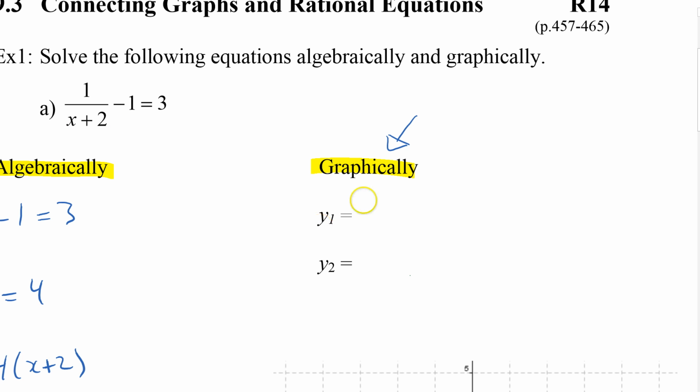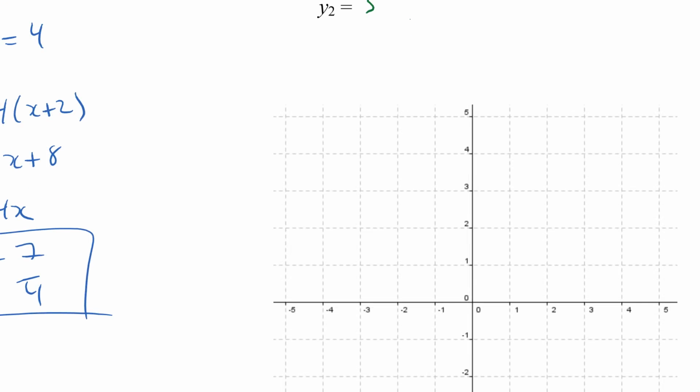So y1 will be 1 over x plus 2 minus 1, and our second function, maybe I'll pick a different color, would be what's on the right-hand side, where y2 is equal to 3. So first of all, y2 equals 3 is a pretty easy one to graph. That one would be wherever y is 3, and x can be anything. So I get a horizontal line that looks like this. So this is my y2 is equal to 3.